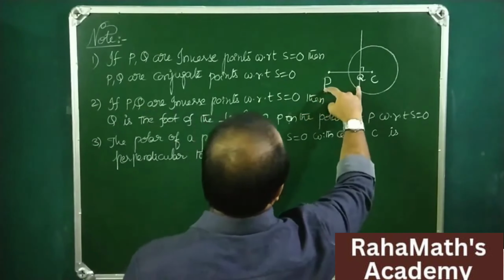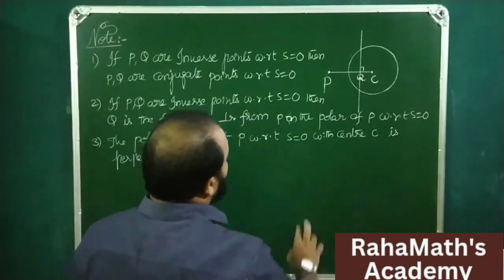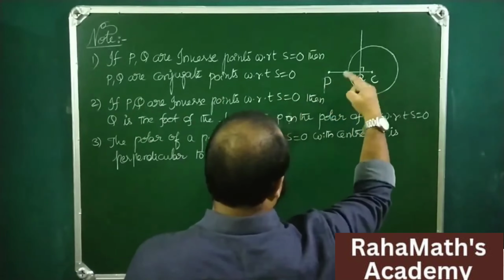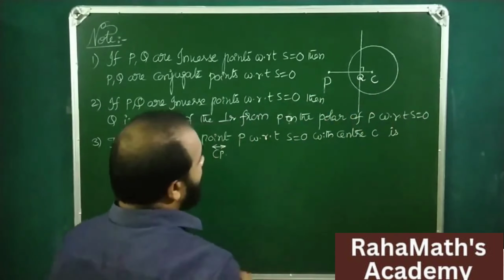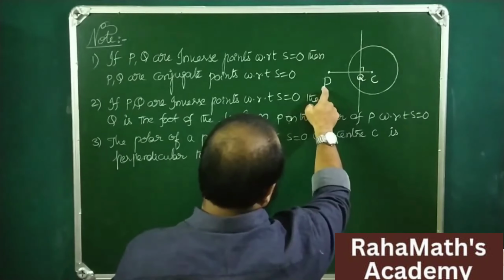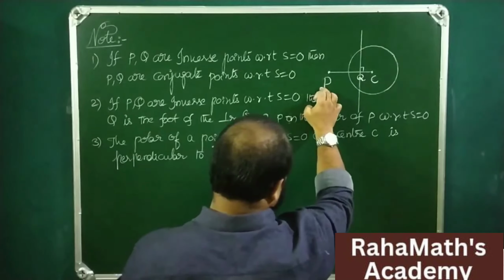Then P comma Q are conjugate to each other, because what are conjugate points? P comma Q are said to be conjugate points if the polar of P, if P is the point, then its polar will be this.